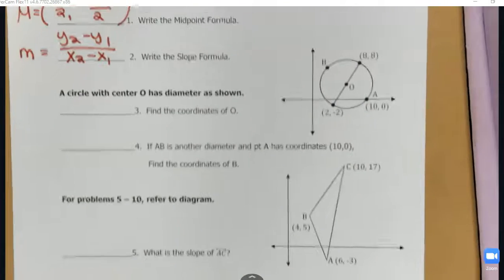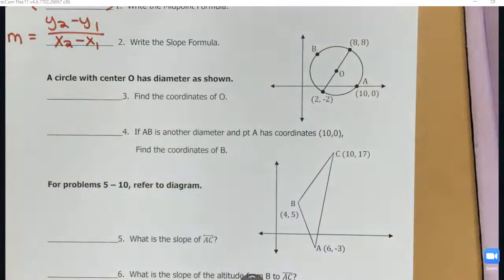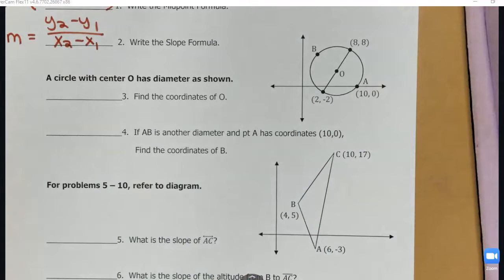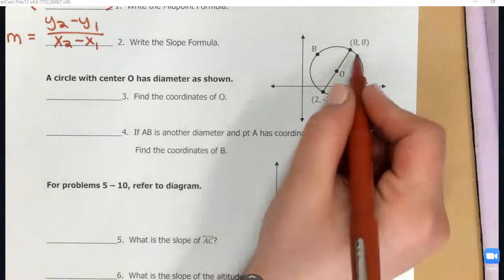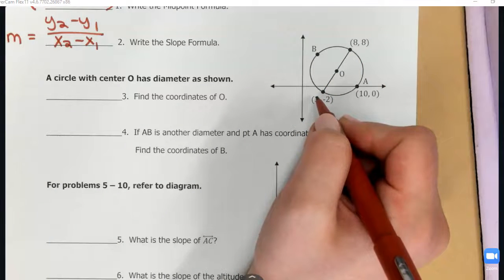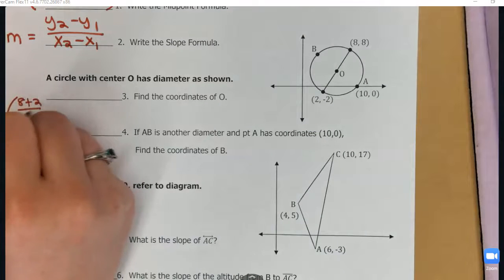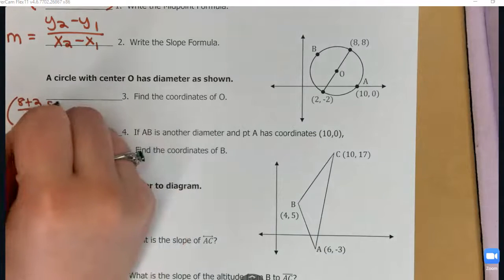Okay. On to this next diagram we have here to the right. We have a circle with center O, and it has the diameter shown. So if I want to find the coordinates of O, well, O is going to be the midpoint between 8, 8 and 2, negative 2. So I'm just going to use my midpoint formula, 8 plus 2 divided by 2, comma, 8 plus negative 2 divided by 2.